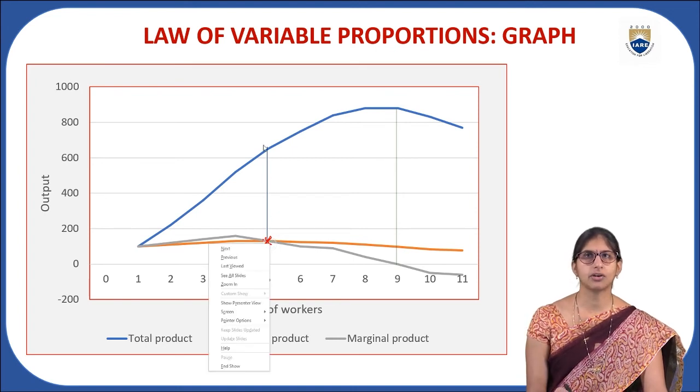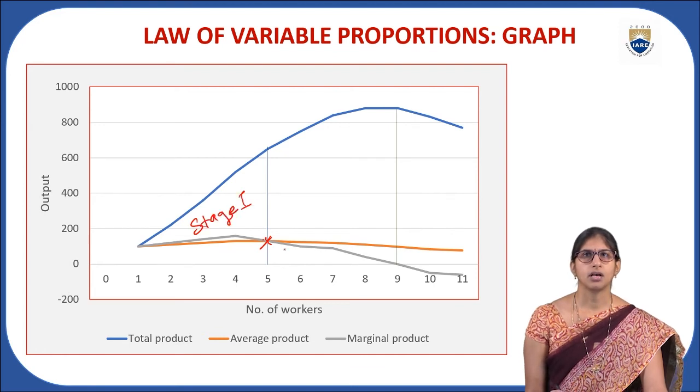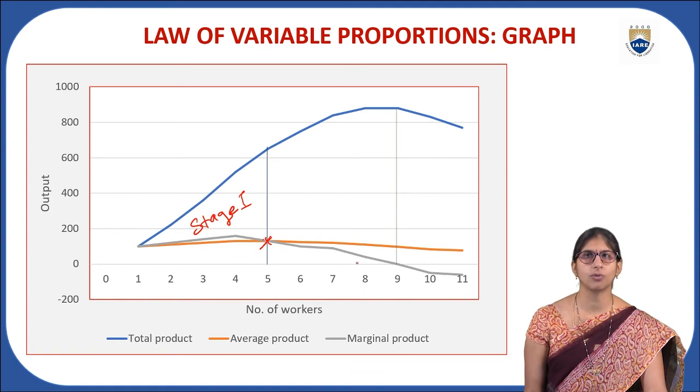From there, we can draw a line like this. This line differentiates the first stage. So from this line to this is stage 1. Now, where the marginal product curve cuts the x-axis, that is 0. From 0, it has passed to negative values, right?